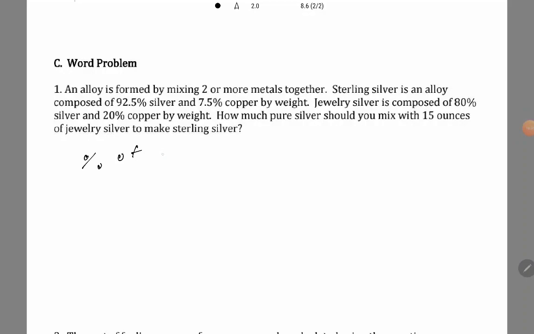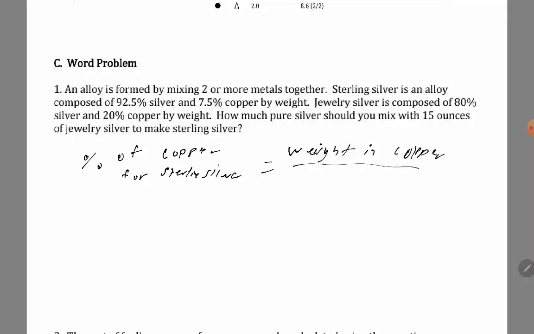So we got percentage of copper for the sterling silver equals the weight in copper over the total weight.